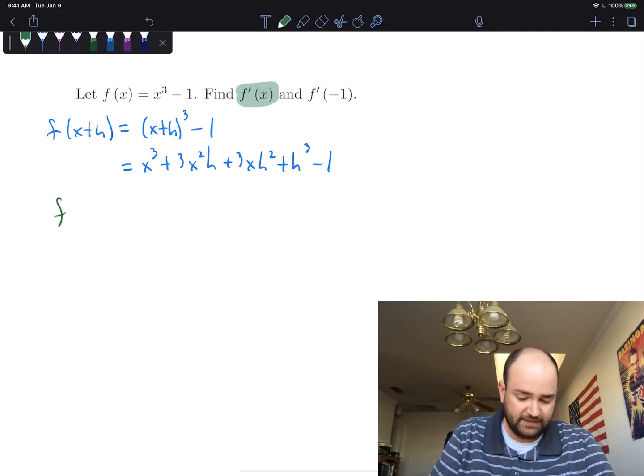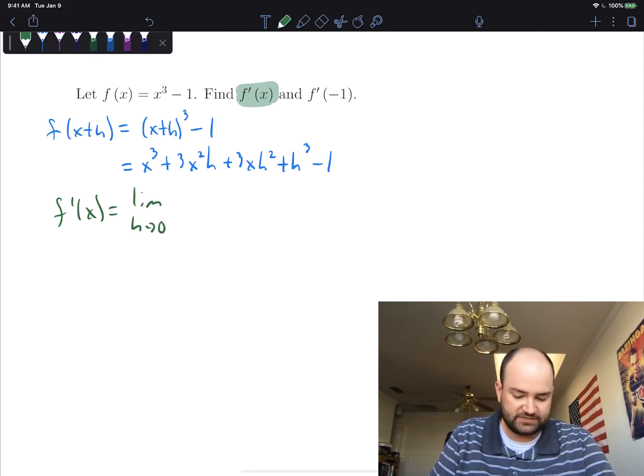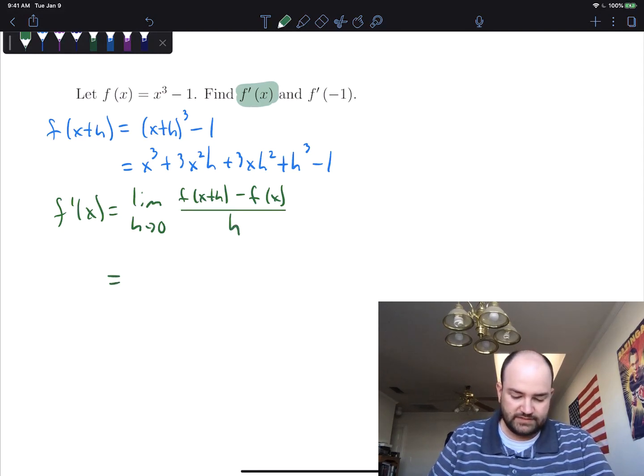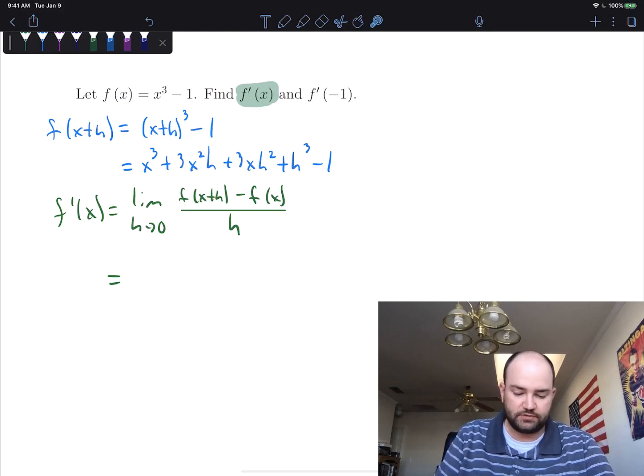Now let's go ahead and find f prime of x. That's going to give me the limit as h goes to 0 of f of x plus h minus f of x, then all over h. So we're going to replace f of x plus h with this entire f of x plus h here.